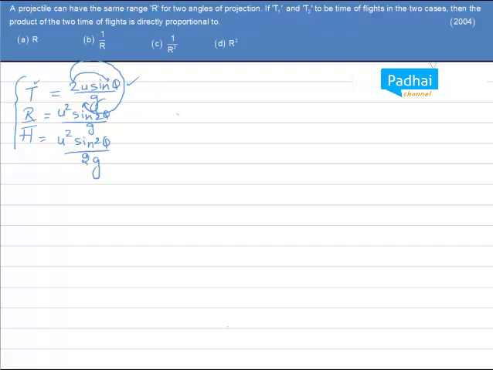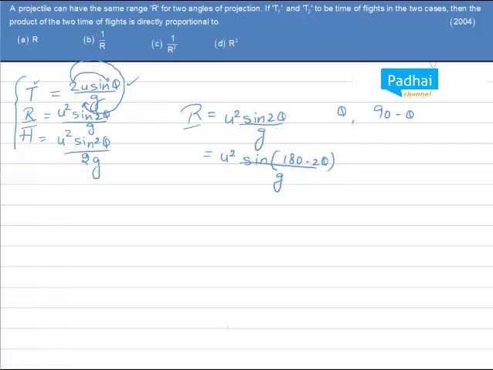Now we come to the formula R equal to u square sine 2 theta over g. This line is saying it has two angles of projection for the same value of range. So if I put theta and the other value as 90 minus theta: if it is theta, then range will be u square sine 2 theta over g, and if it is 90 minus theta, it will become u square sine of 180 minus 2 theta over g.